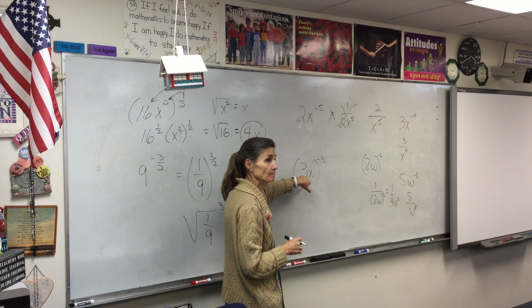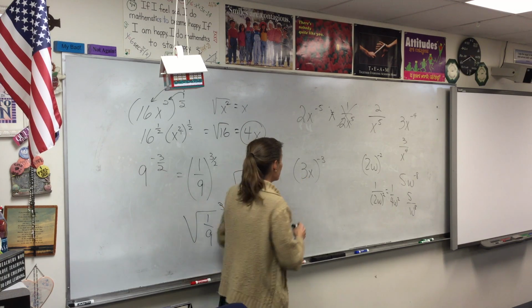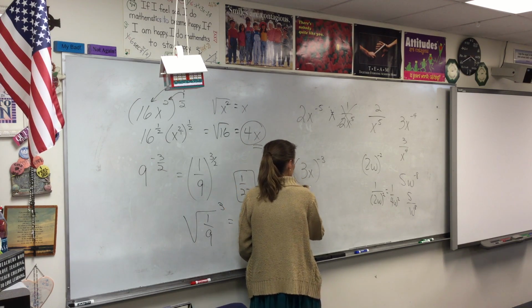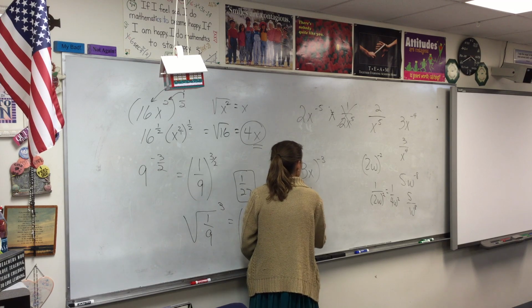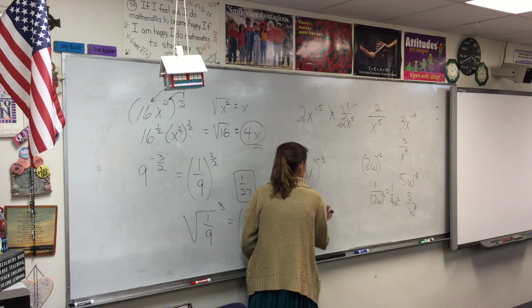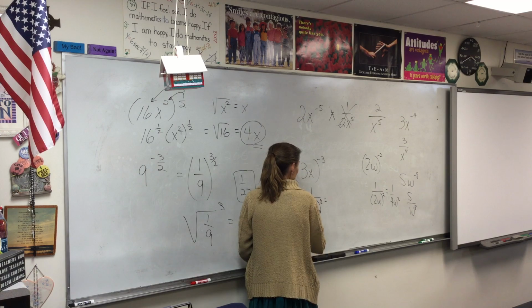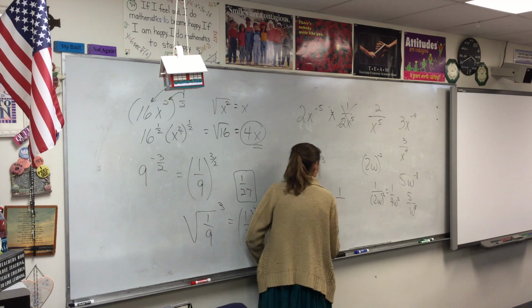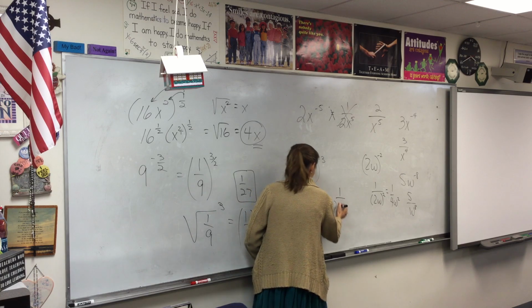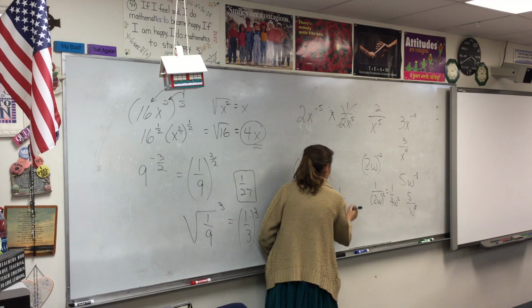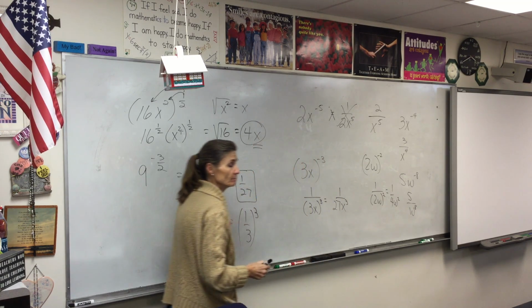That's this. What's this one? 1 over 3x cubed. Now that's in parentheses. You're going to cube it all. So that's going to be 1 over 27x cubed. Perfect.